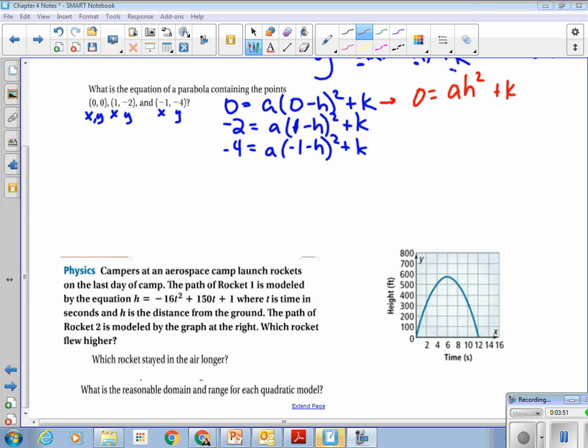And then for this one, I get negative 2 equals a times (1 minus h) squared, plus k. I could FOIL out the 1 minus h, but I'm not sure that's going to give me any easier an equation.